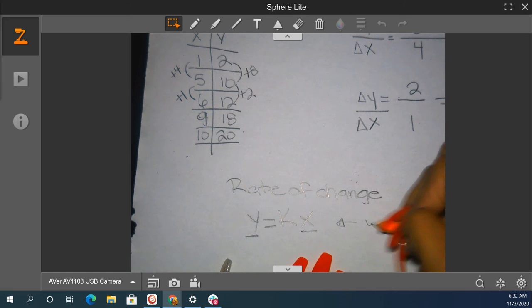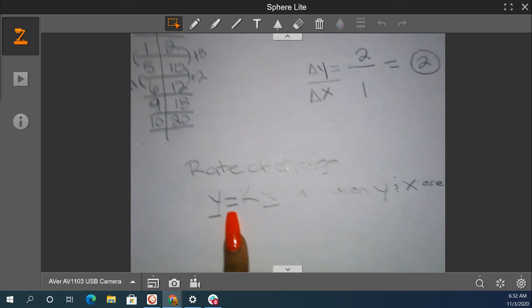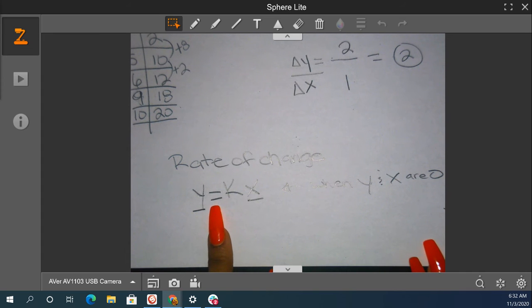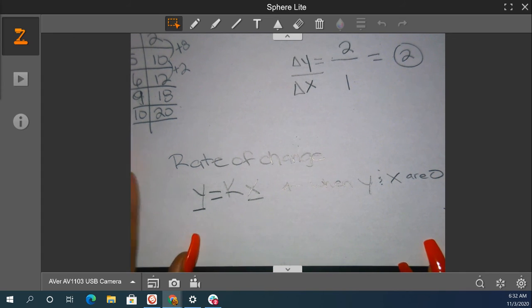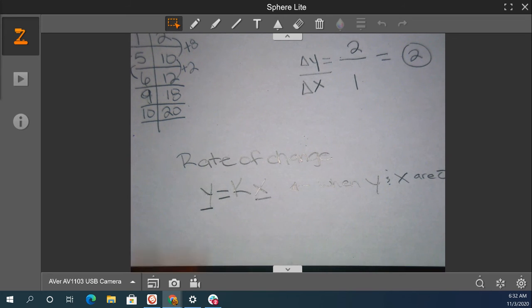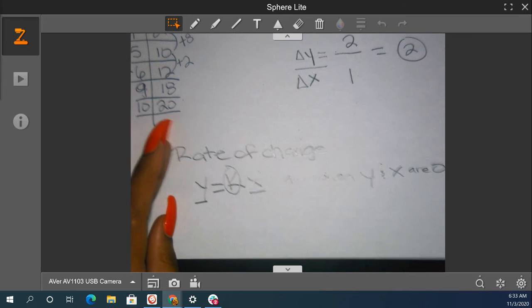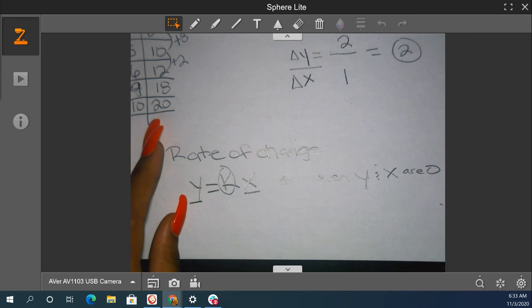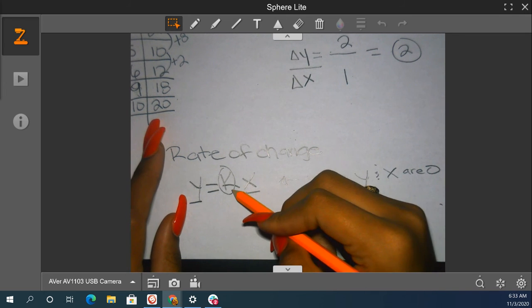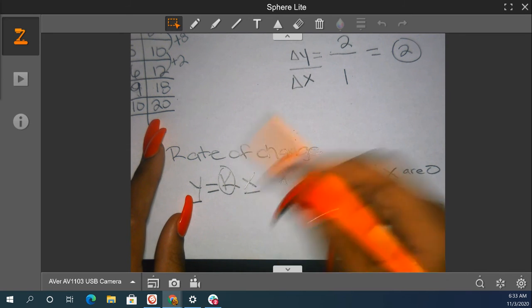When y and x are 0, this is going to be the equation for rate of change. And that's because the rate of change is k. This is the same thing as your unit rate, constant of proportionality as well.